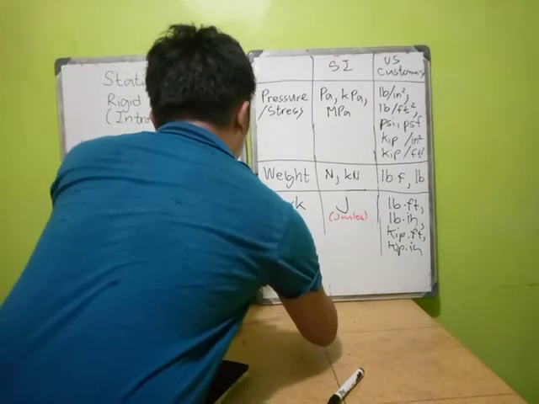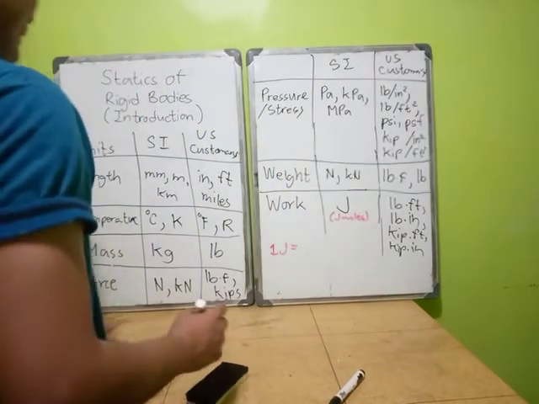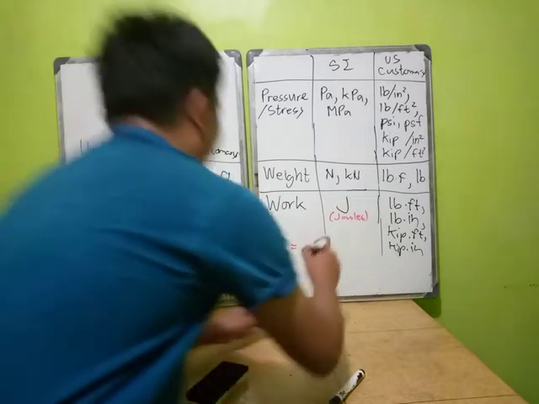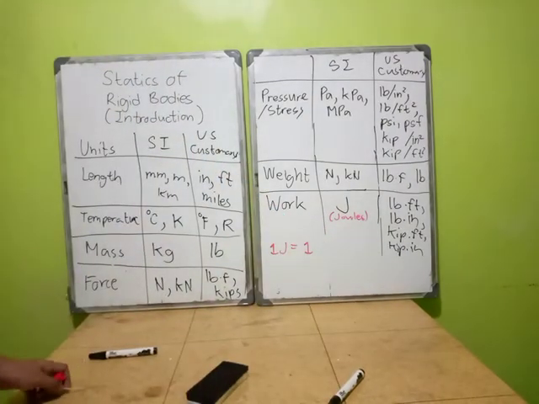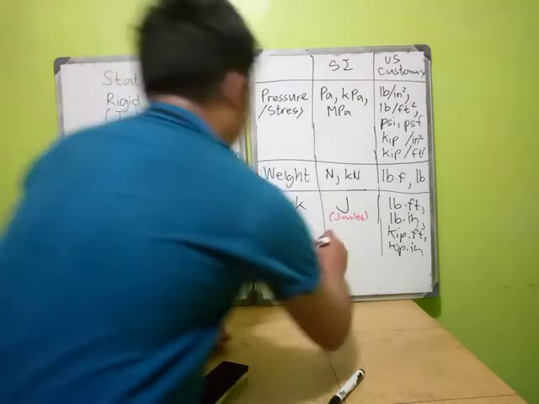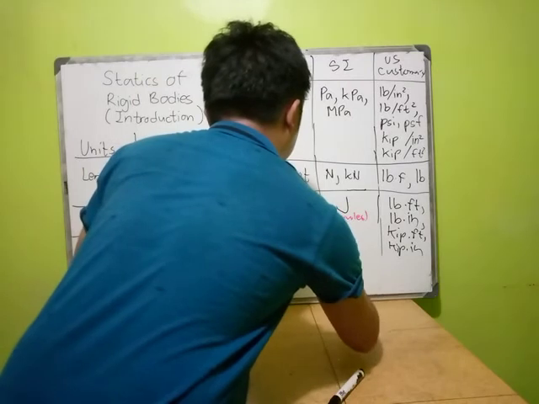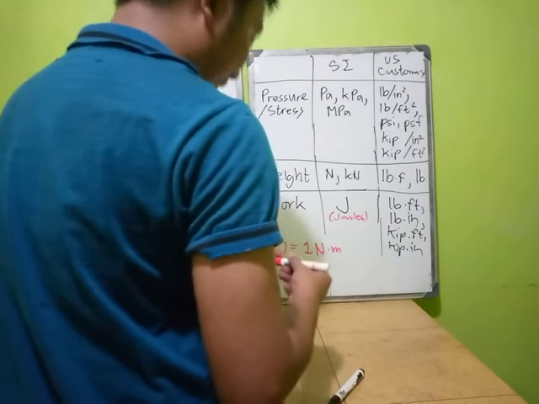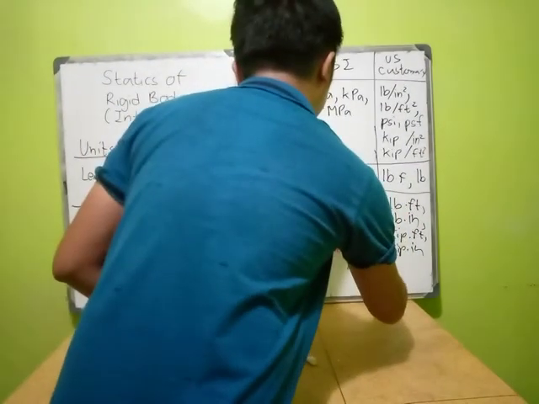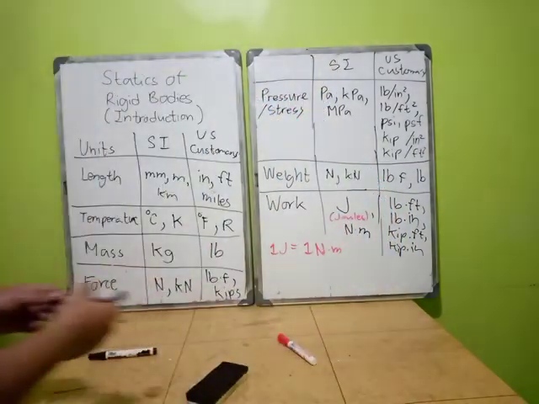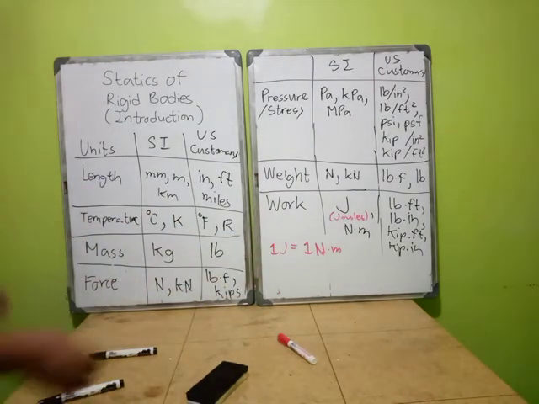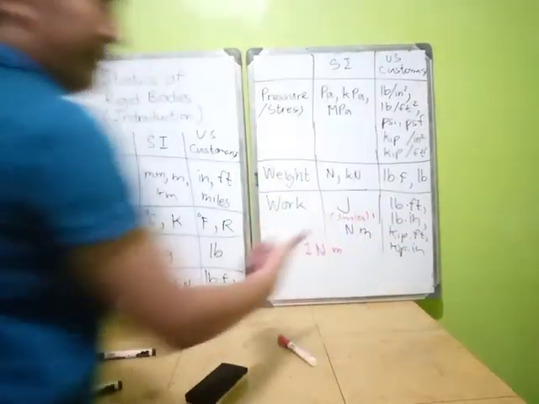Please remember that 1 joule is equivalent to 1 Newton meter. Okay? So, instead of using joules, minsan gumagamit yung libro ng Newton meter. Yan. Okay? So, same. Ang ibig sabihin kasi ng keep is kilopounds.